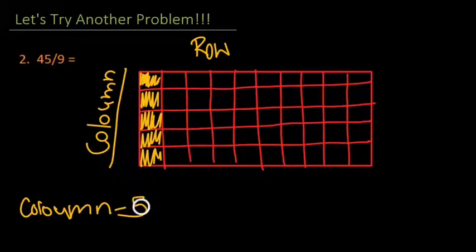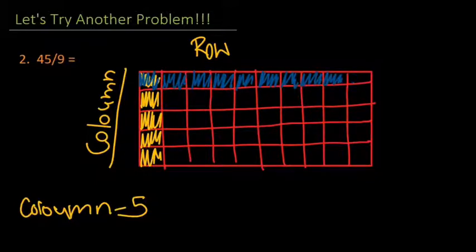And for the row, let's count how many are in the row. Okay, so we have 1, 2, 3, 4, 5, 6, 7, 8, 9, 10.